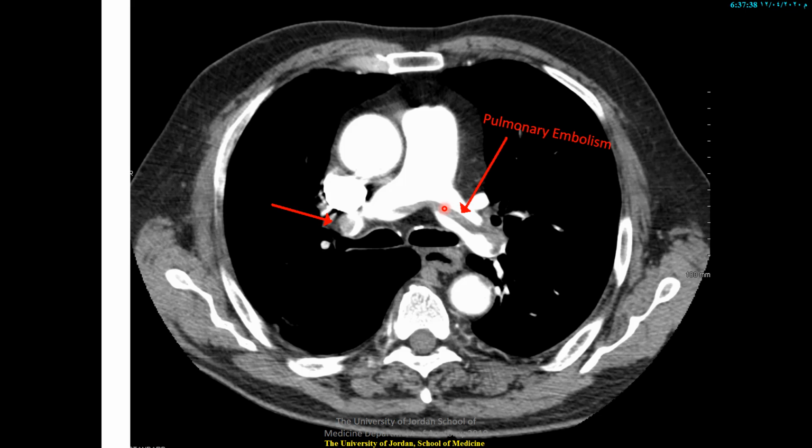Make sure you understand that when you see two circles in the CT scan, especially if you see the ascending aorta, you would see the pulmonary trunk. So one of these structures would indicate the other structure. If these two circles are gone, you are looking at the arch of the aorta.